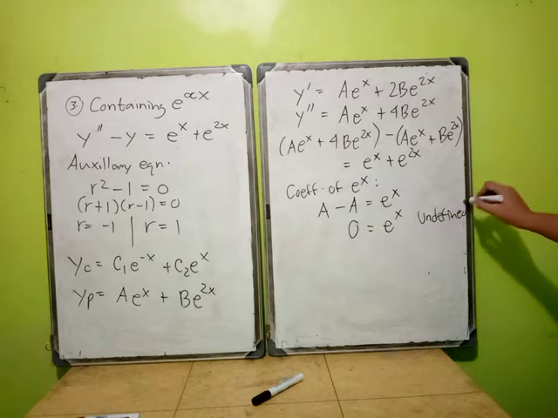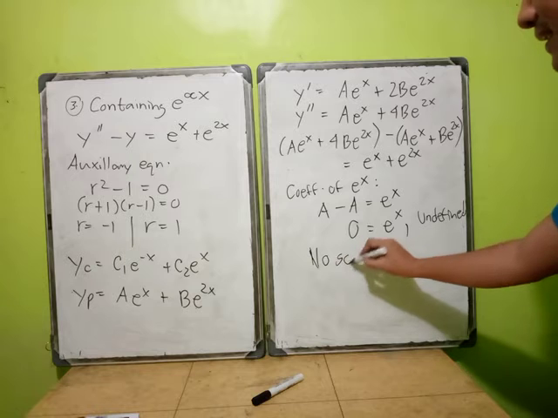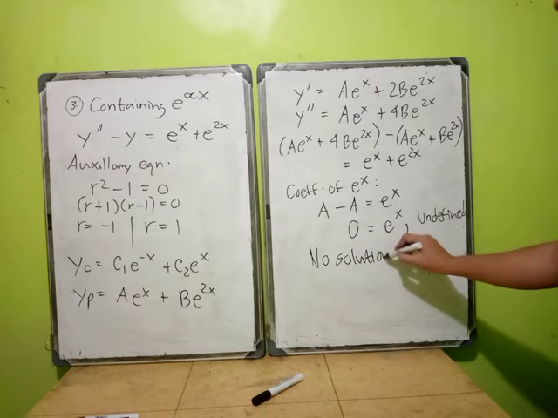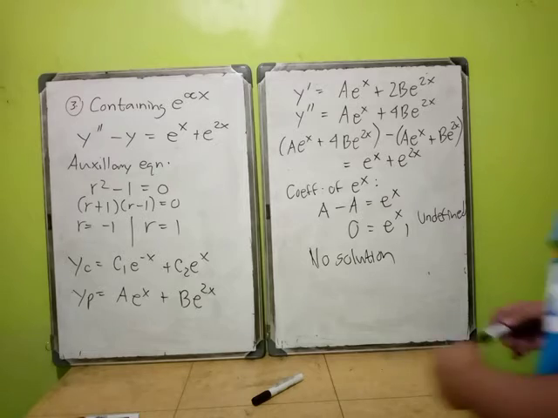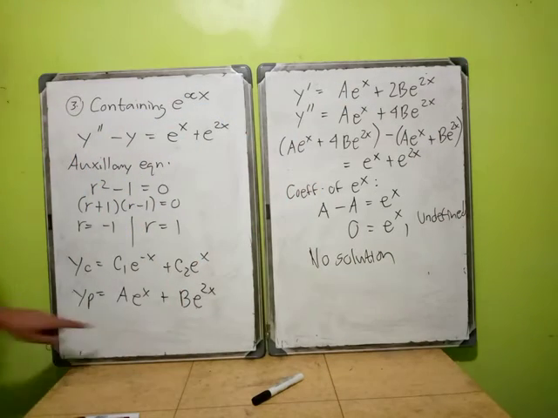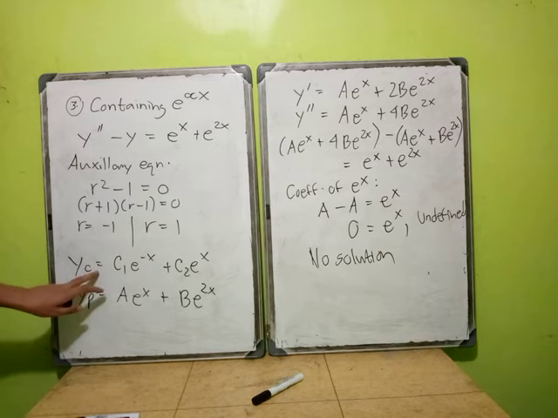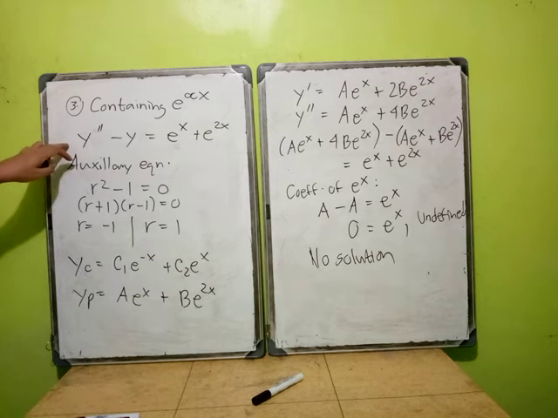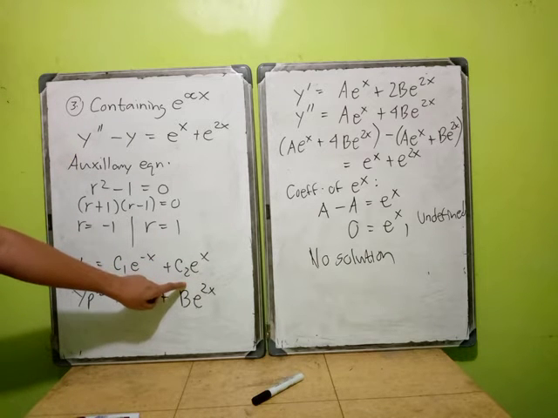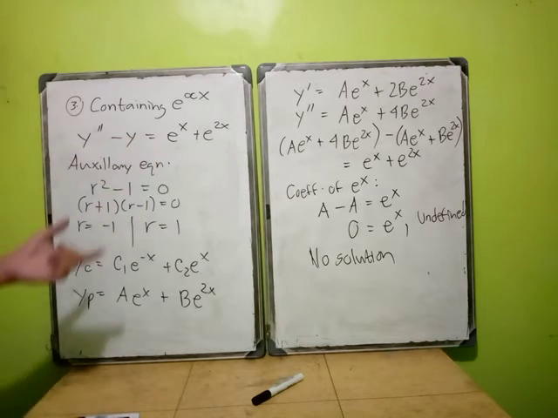So this is no solution, just a trivial answer for that one. Why? Because it also has a root which has e to the power of x in its yc, the c2 e to the x here. So you already have e to the power of x here. So actually this has no solution.